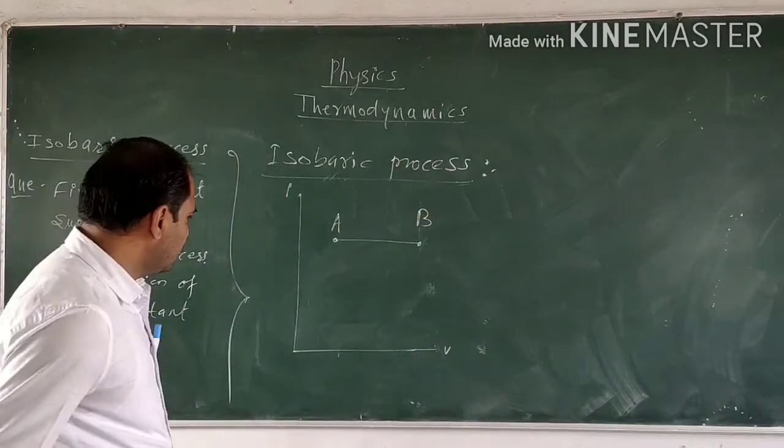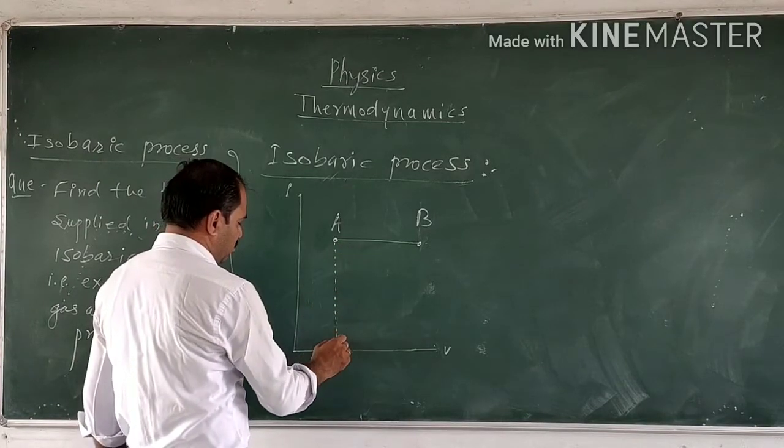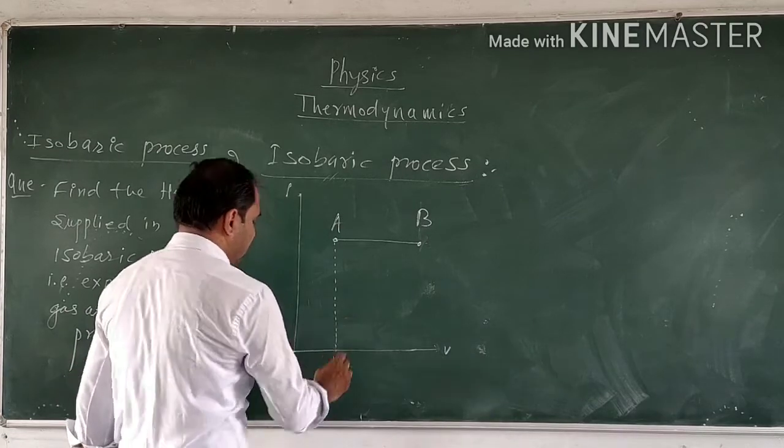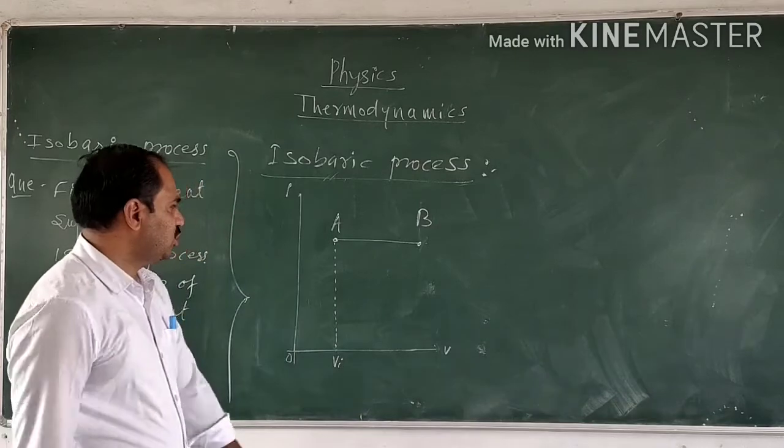So here at the point A, the volume of the gas is suppose Vi, as we have seen earlier. And there is the origin of the coordinate system.